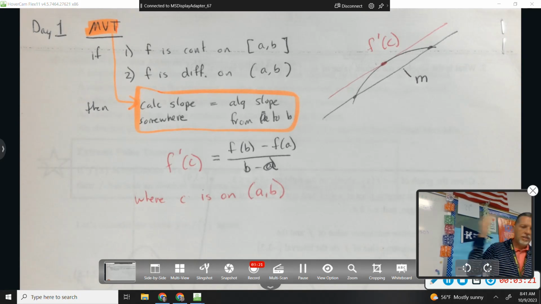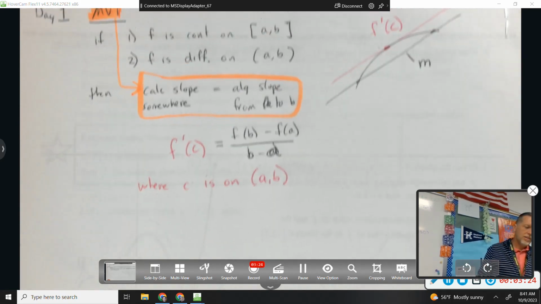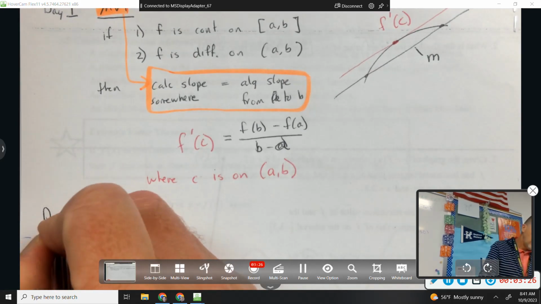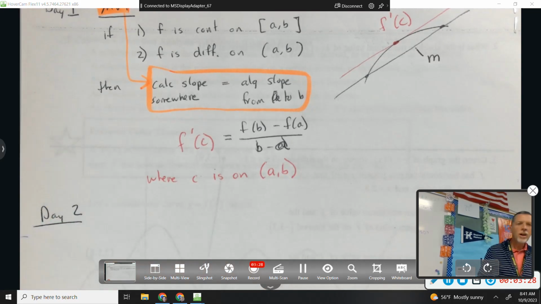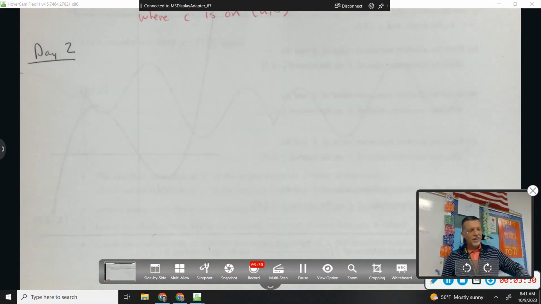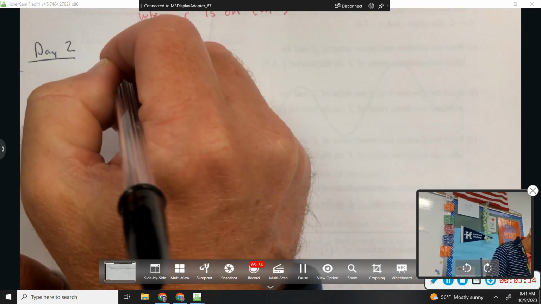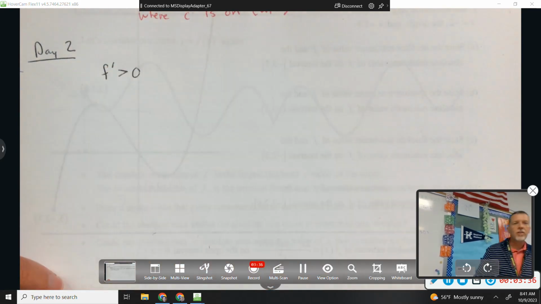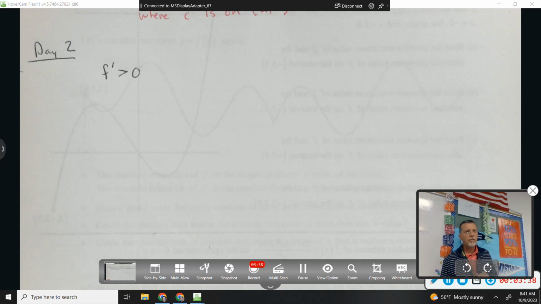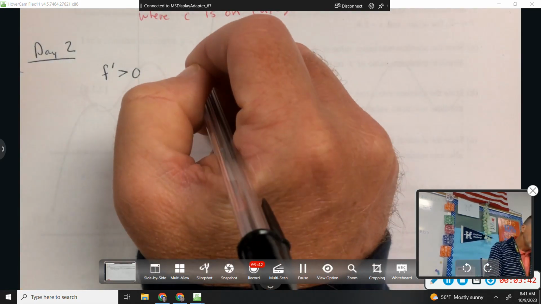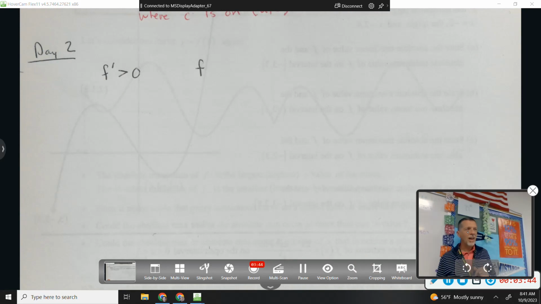That was way long ago. Day 2 had a ton of notes, but it sort of boiled down to this idea that if f prime is greater than 0, so if f prime is positive, what does that tell me about f?